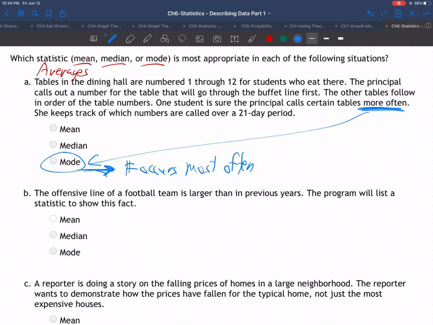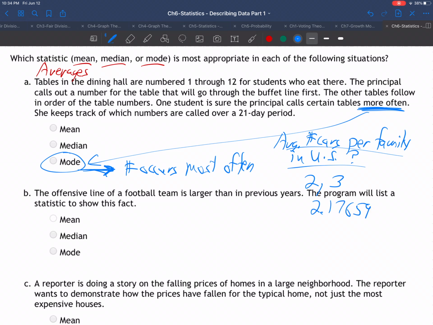If you asked what is the average number of cars per family in the United States, would it be 2 cars or 3 cars? We don't want you to add them up and get 2.17659. That'd be kind of silly, wouldn't it? The best kind of average in that case would be the mode.